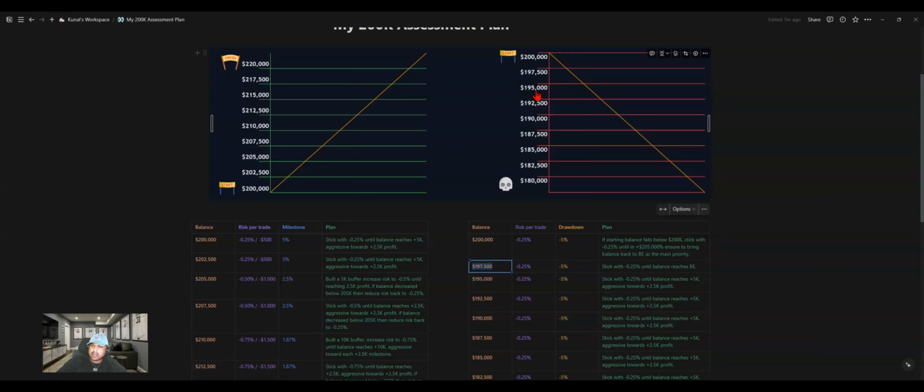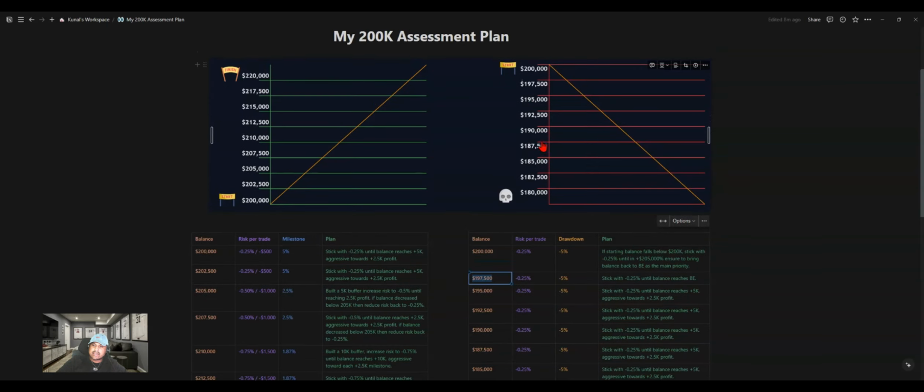When I say aggressive, I don't mean aggressively trade. I mean aggressively manage myself to get back into these areas. Now, the only downside is, yes, I may choke a few trades here and there, but the main priority isn't to pass the assessment at this point. It's actually to just get my way back up to my starting balance to then reset this whole process, okay?